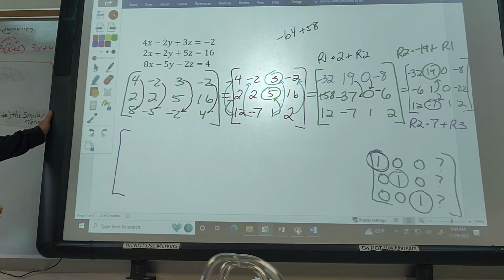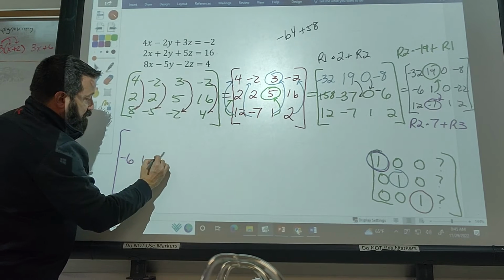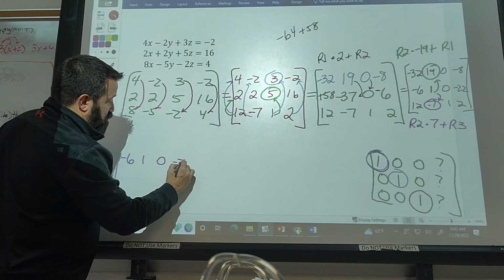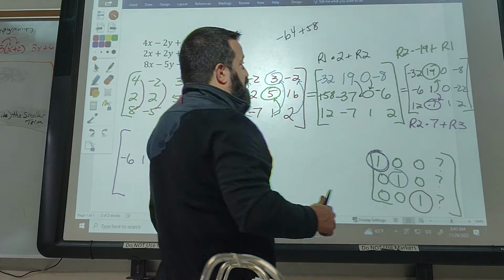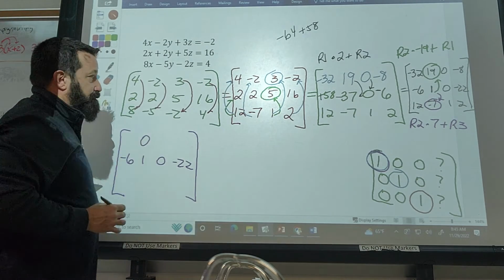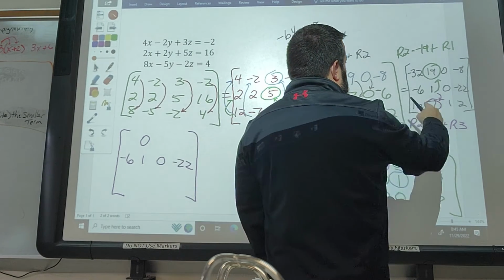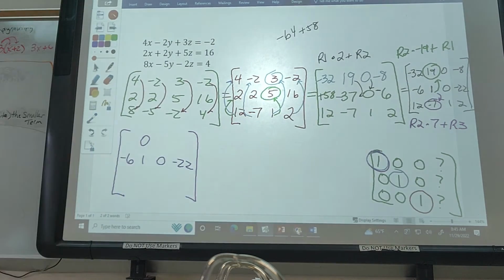So the middle row I'm not changing. Negative 6, 1, 0, negative 22. So when I take, these two things are going to become 0. That's going to become a 0. So I have to take negative 6 times negative 19. This is where I'm going to have to grab a handy-dandy calculator because I've been doing most of this in my head, which is not a good idea. I think I've told you that before.